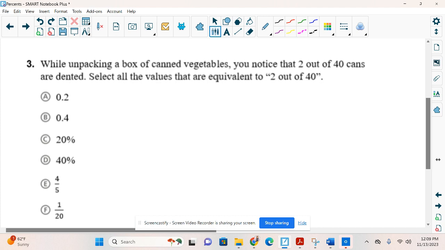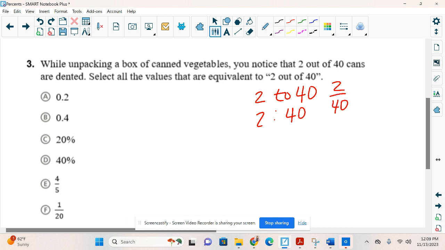While unpacking a box of canned vegetables, you notice that 2 out of 40 cans are dented. Select all the values that are equivalent to 2 out of 40. What's another way we can write 2 out of 40? A fraction. Okay? We could write 2 to 40 because it's a ratio, or we could write 2/40.